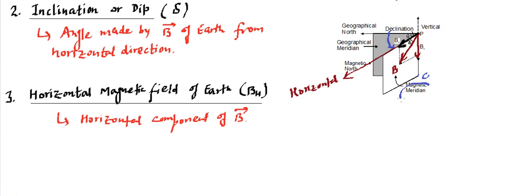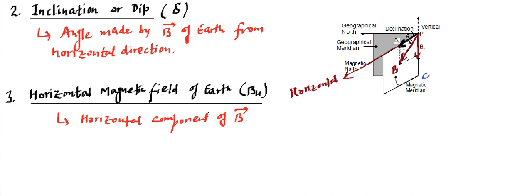Once we are in the magnetic meridian, the horizontal component direction will be visible to us. Then from that horizontal direction, we move the inclination downside. We reach the magnetic field, and this magnetic field exists in the plane of the magnetic meridian that we know. So these are concepts that we have just understood.